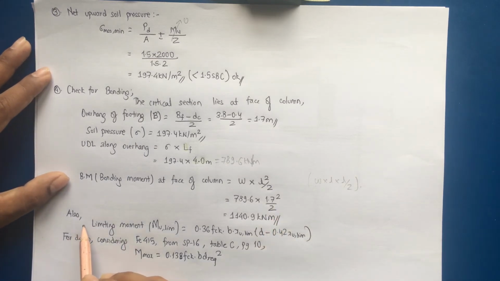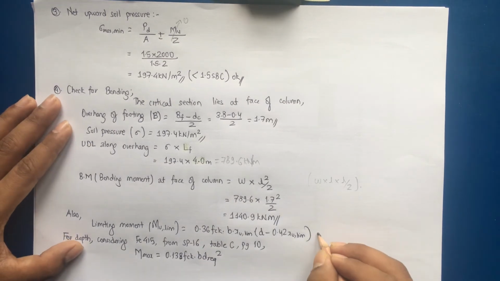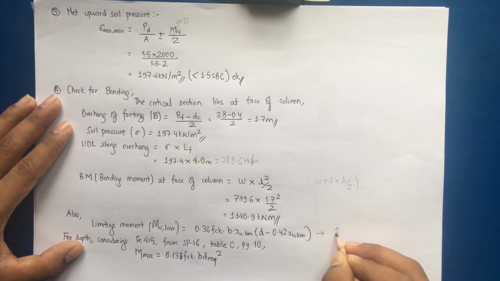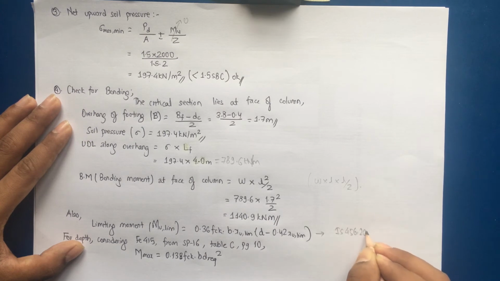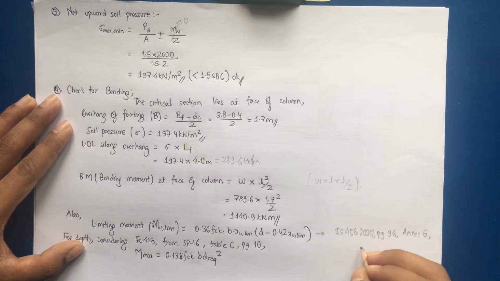Also we have the limiting moment, Mu limiting equal to 0.36 fck B Xu limiting multiplied by d minus 0.42 Xu limiting. This is from the code IS 456 2000, page 96, Annex G, clause G 1.1 c.